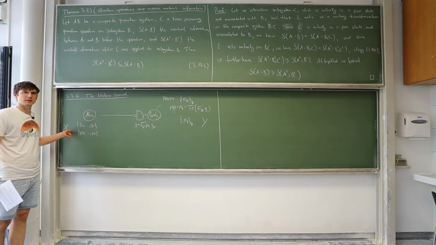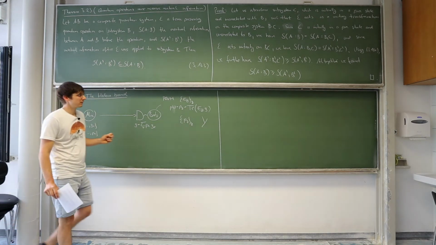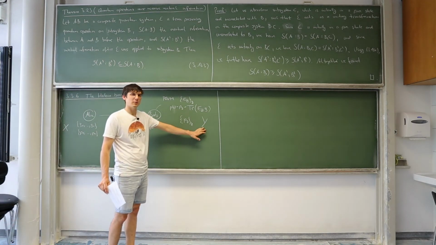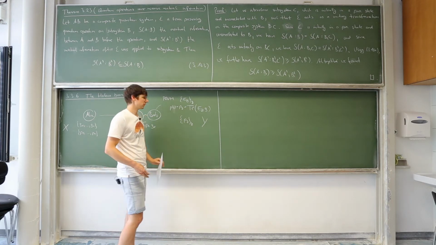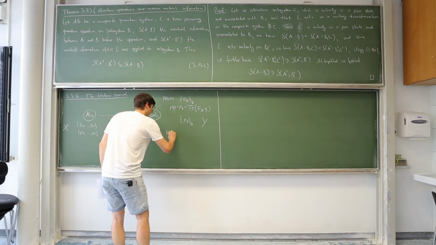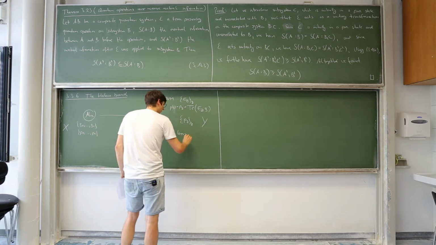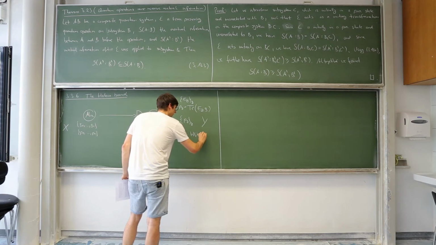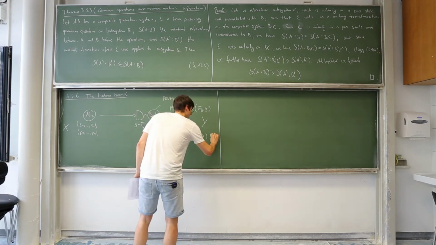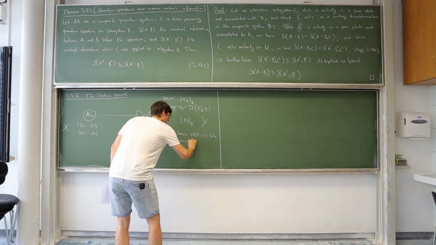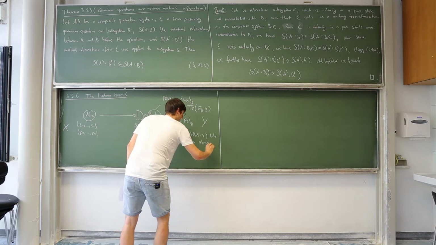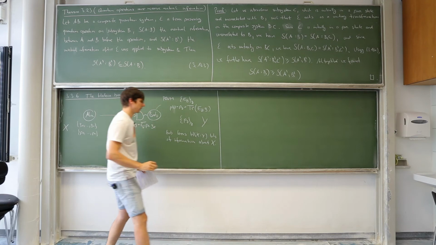If we think about it, the information that Bob learns about x must be given by the mutual information of these two random variables. So Bob learns H(X:Y) bits of information about the random variable x.